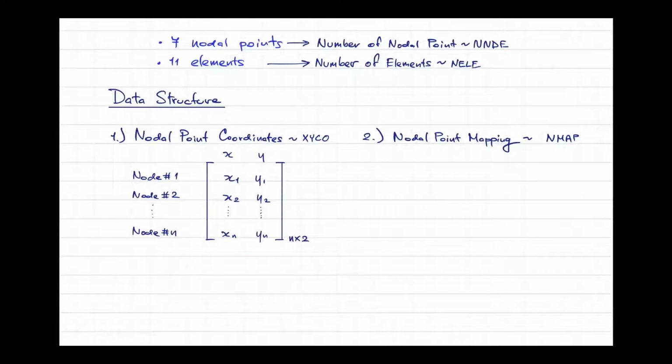So you can guess for the Nmap, how many rows do we have?